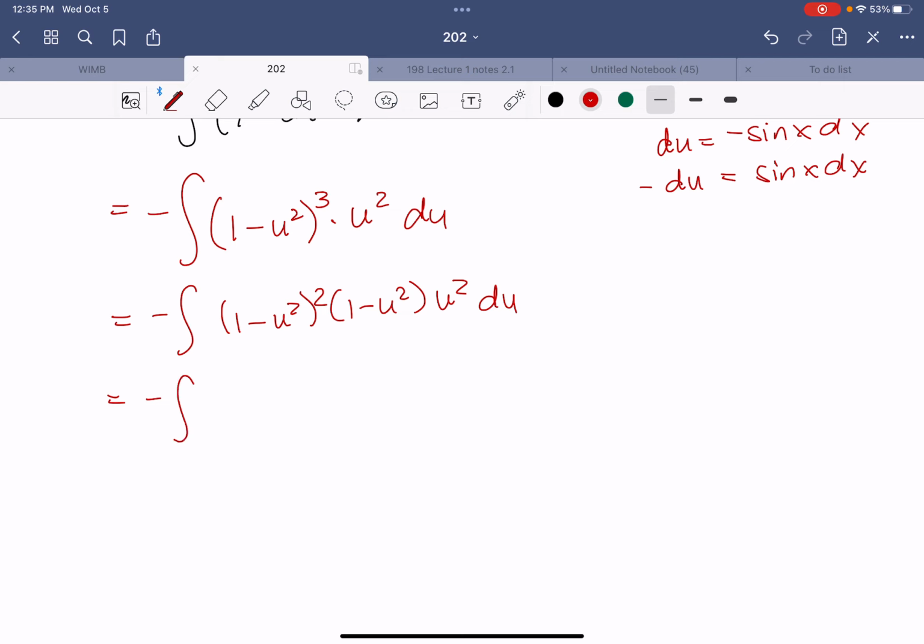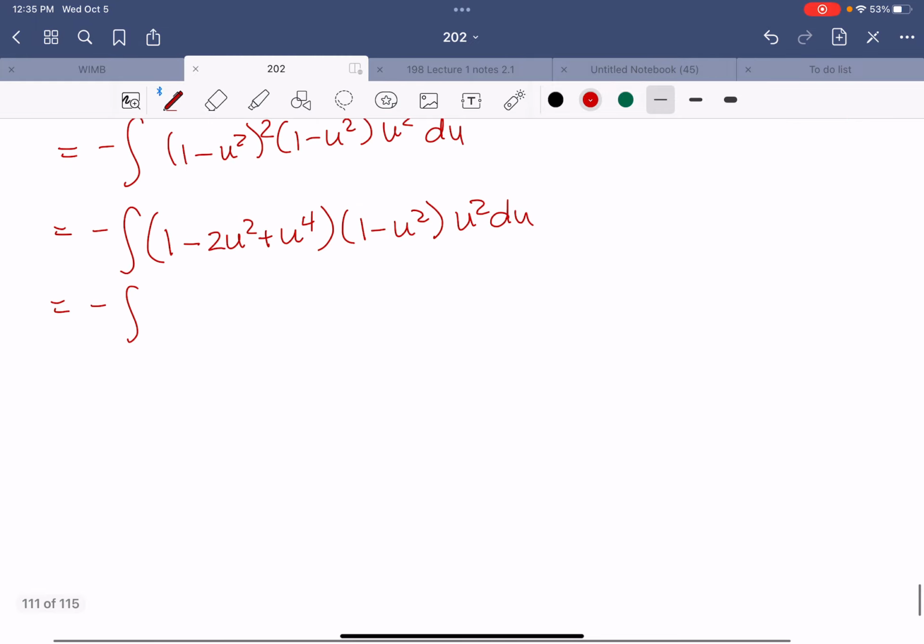I never said these would be short. All right, if we square it, it's 1 minus 2u squared plus u to the 4th. Multiplying that by 1 minus u squared times u squared du. All right, so then we're going to get some big stuff going on here.